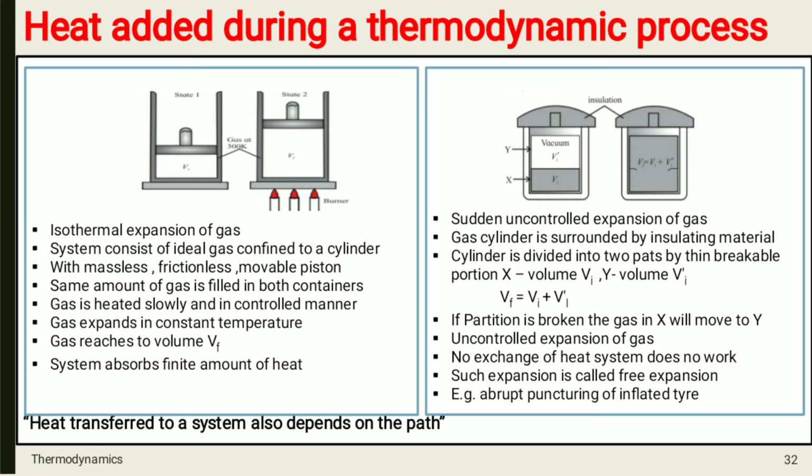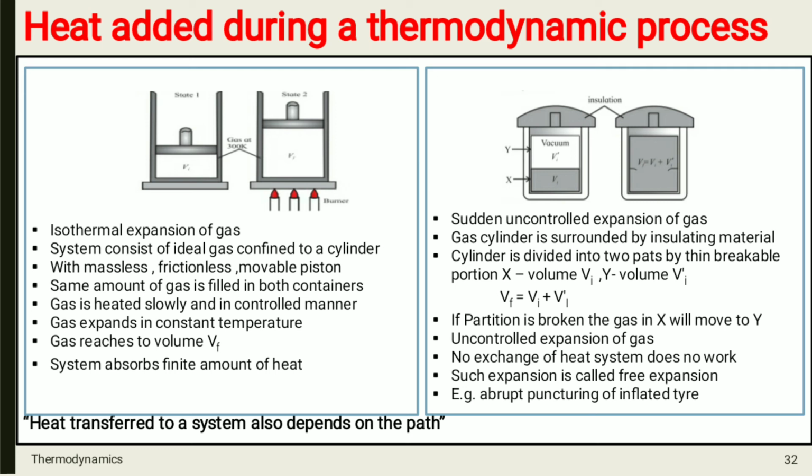Here work done is positive and the system gains energy, and due to that Q, that is the amount of energy added to the system, is positive. So in the first diagram you can see the isothermal expansion of gas.